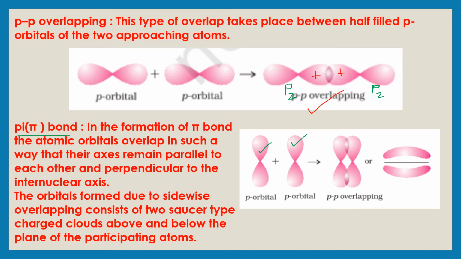Pz. So this can be px or py. If I take it as the px orbital of one and px of the other, then there is sideways overlap, positive with positive and negative with negative in the same direction.